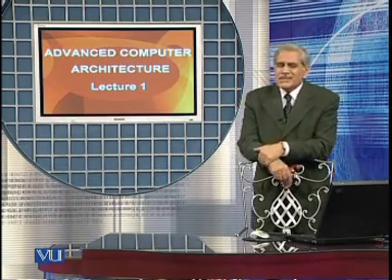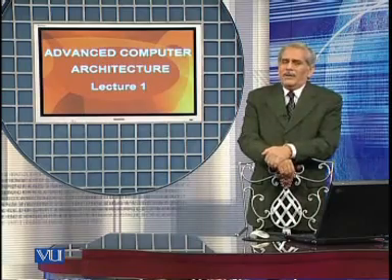For example, different versions of the Intel 86 microprocessor may be used in different types of organization. However, in this course, the word architecture covers all the three aspects of a computer design, that is the instruction set architecture, organization, and hardware.